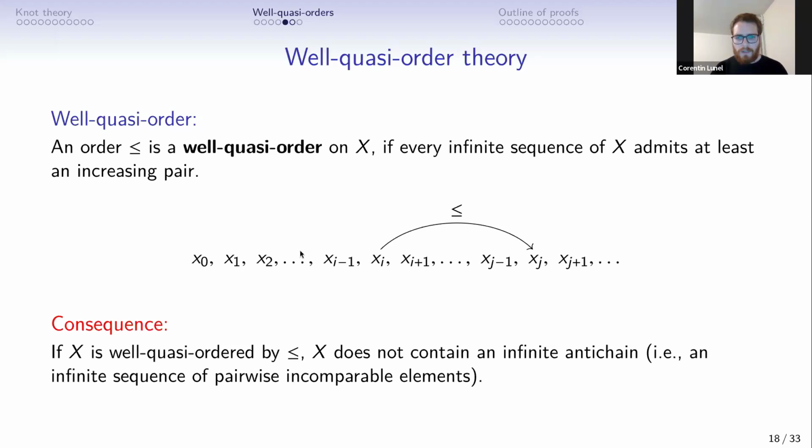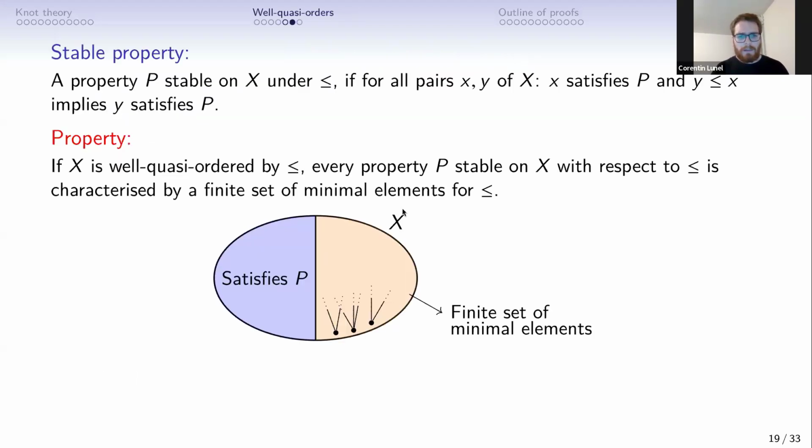So how can we use it? Let's consider a property P that is stable on X for our well-quasi-order. It is stable if whenever x satisfies P, every element in relation with x also satisfies P. Now we have X well-quasi-ordered, the set of elements satisfying P, and we can look at the complement. The complement will have some family of minimal elements. Because they are minimal, they are not in relation with each other.